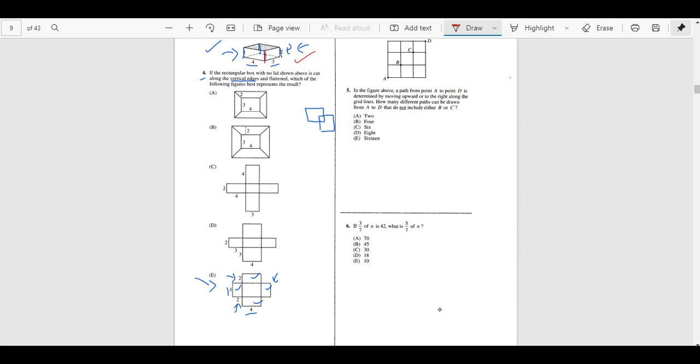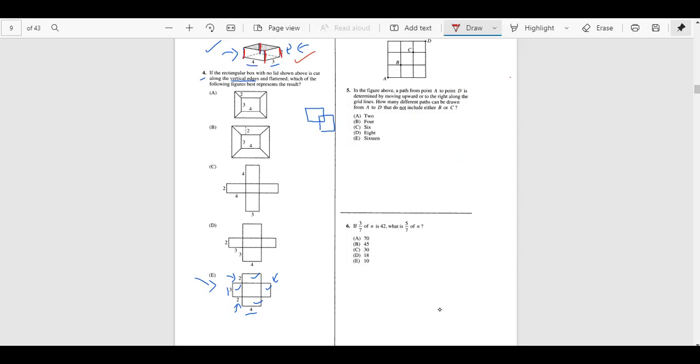So these are the vertical edges, right? These are edges and they are vertical. So just imagine that you have cut these vertical edges and you have flattened your box. Like initially it was a box, but once you have cut it along the vertical edges, you can flatten it, right? Which of the following figures best represent the result?